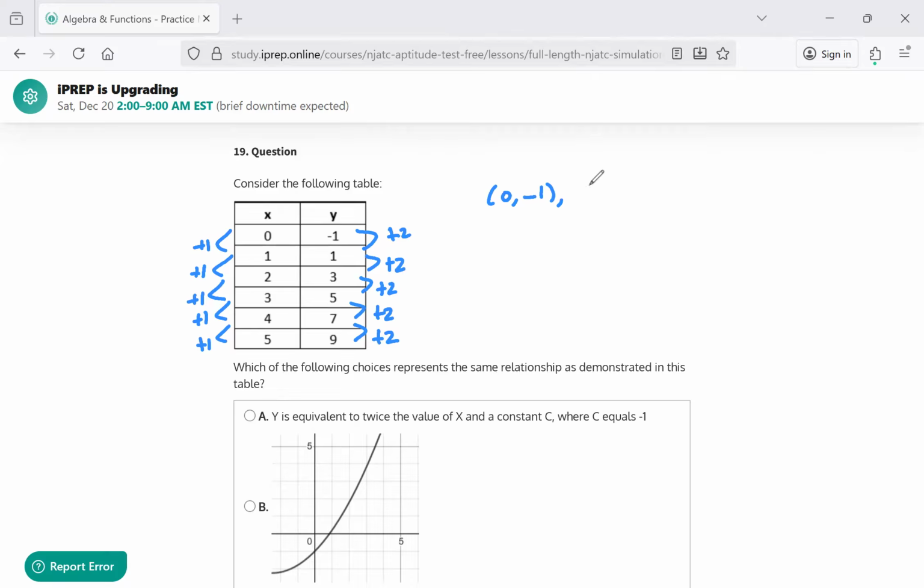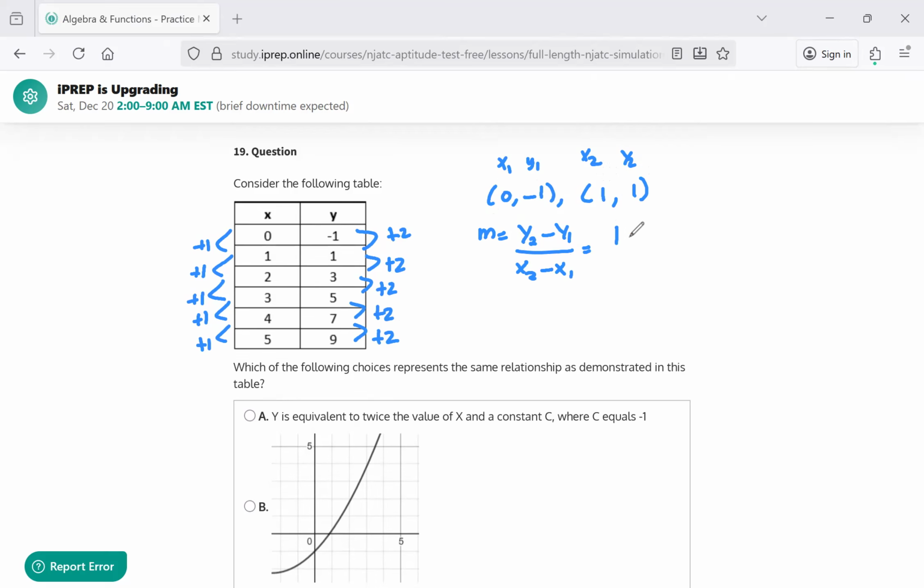So I'm going to pick two random points. I'm going to use 0 and -1, and you can use any point you like. I'm just going to use these two points. So this is x1, y1, x2, y2. So slope formula, slope is y2 minus y1 over x2 minus x1.